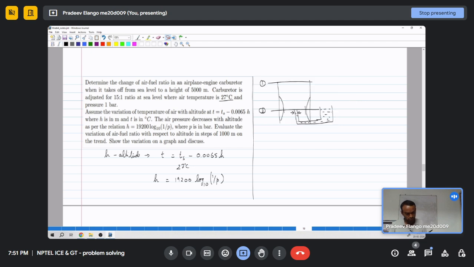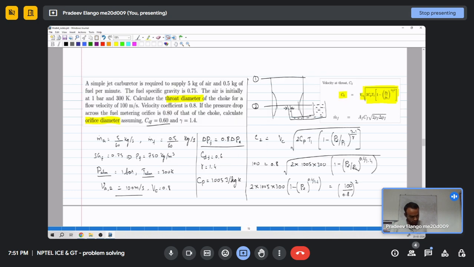So we have this simple carburetor, state 1 and 2. We can get this relation.